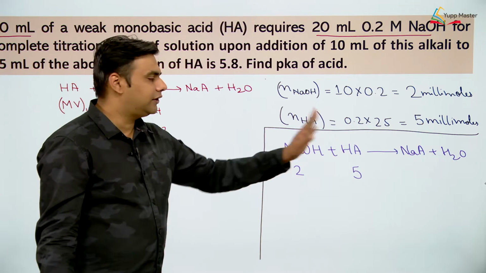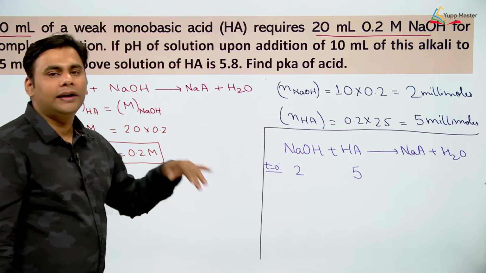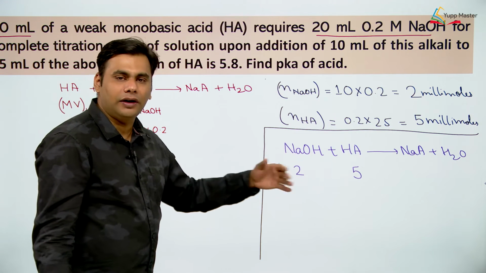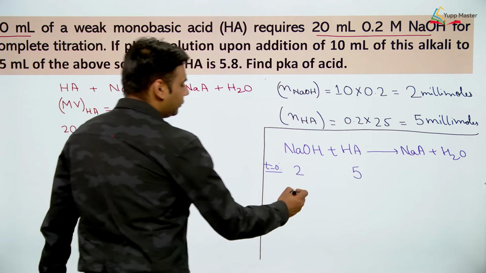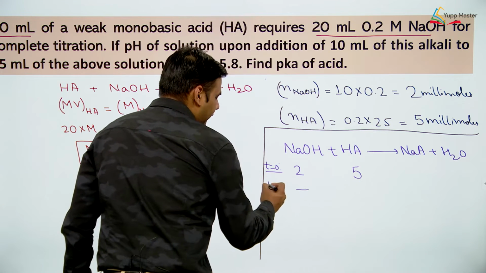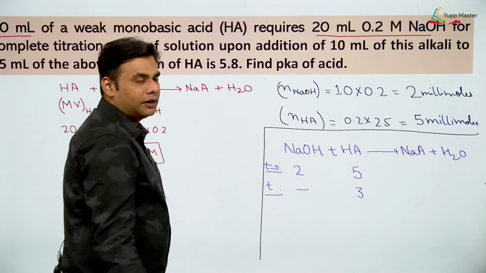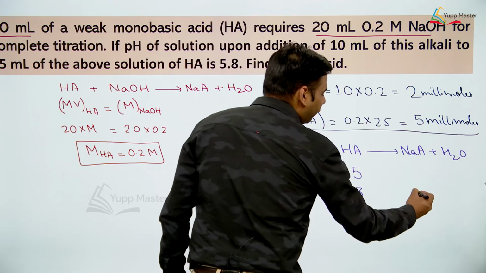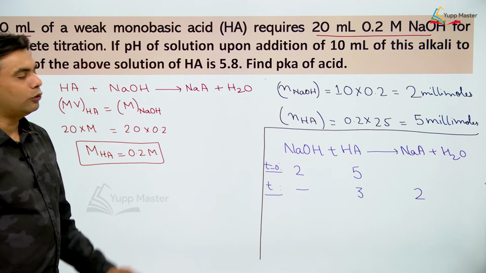So 1 mole of NaOH reacts with 1 mole of HA. So 2 moles should react with only 2 moles. That means HA is taken in excess, or it is the excess reagent, and NaOH is the limiting reagent. So this gets consumed. So we are left with 3 millimoles of HA. Now 1 mole of this is forming 1 mole of NaA. So 2 millimoles of NaOH will form 2 millimoles of NaA.